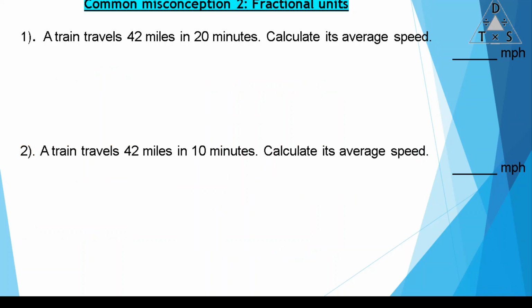Looking at the next one, which is very similar, but in this case you've got 20 minutes and 10 minutes. Could you tell me the mistake a student can make when answering this question? Okay, I'm sure we've come up with the fact that changing 20 minutes can be a bit tricky compared to the previous 3 questions where you had 60 minutes, 30 minutes, and 15 minutes.